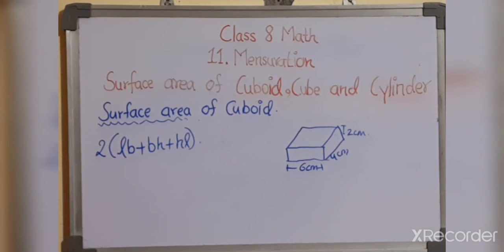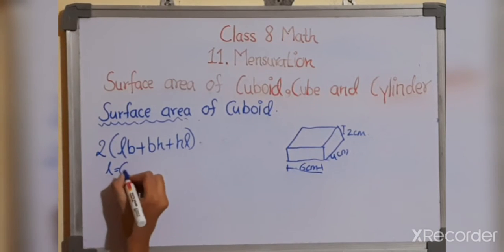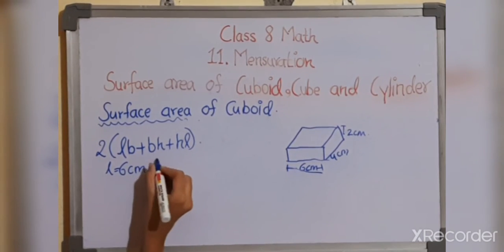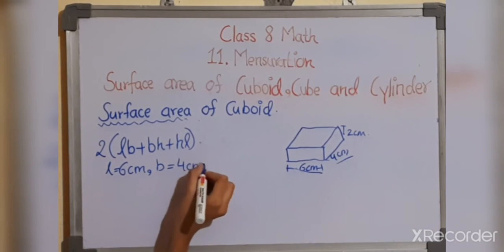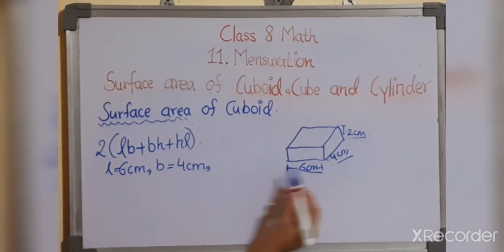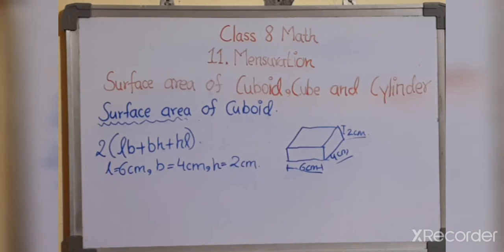First we will see what is your length, breadth and height of this given cuboid. So the length of it is 6 centimeter. Then the breadth is 4 centimeter. Height is 2 centimeter. So these are the measurements given here.